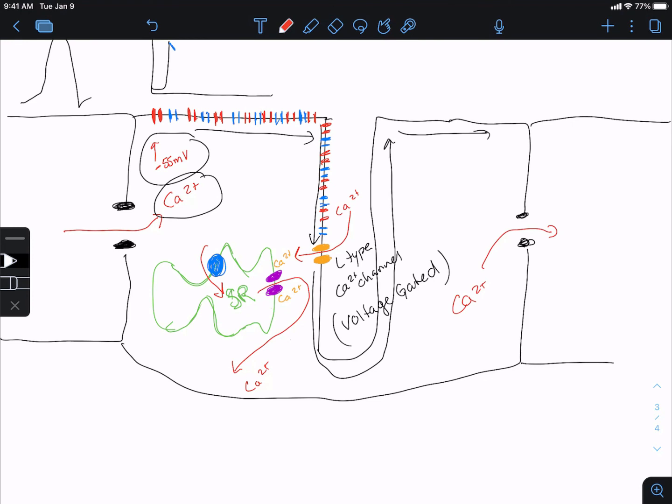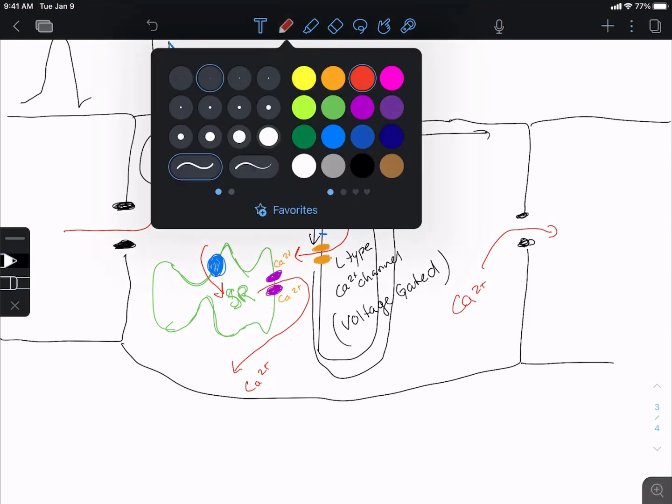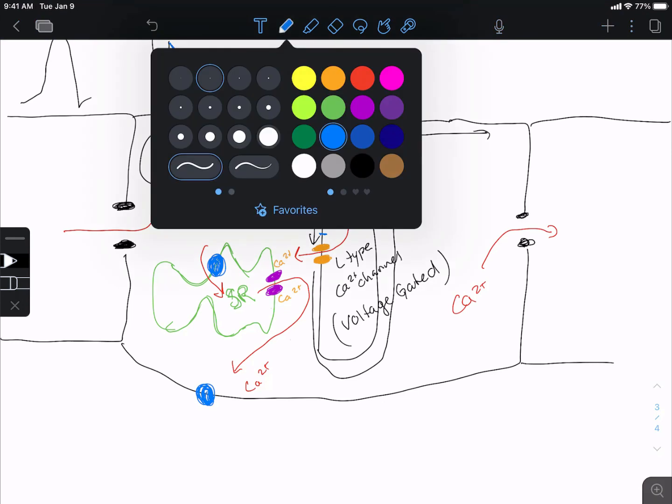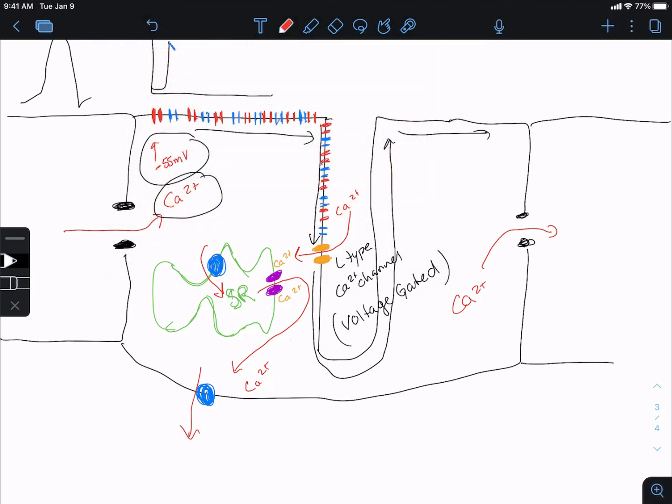We also have a pump, I'll draw it over here, at the plasma membrane that is going to move my calcium out of the cell. And that would then lead to muscle relaxation.